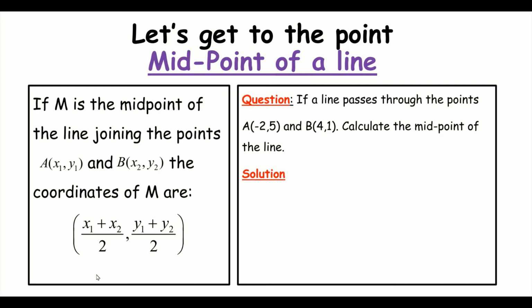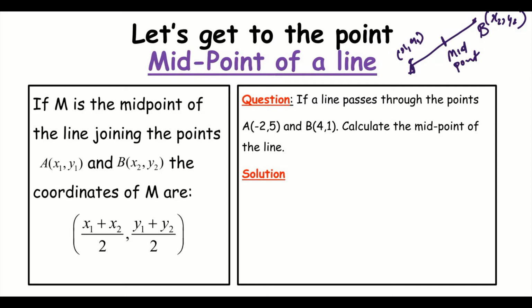If I have the points A and B, then the midpoint is going to be halfway between the points A and B. If my A coordinates are x1, y1, and my B coordinates are x2, y2, then the midpoint is going to be half of the sum of the x part of the coordinates and the y part of the coordinates. So let's look at that example.